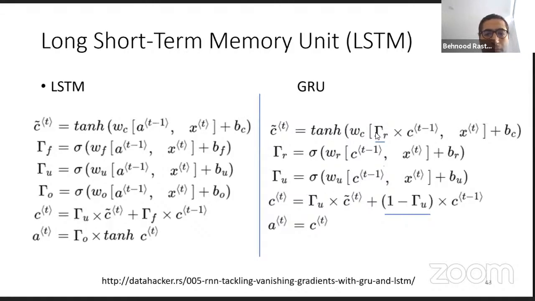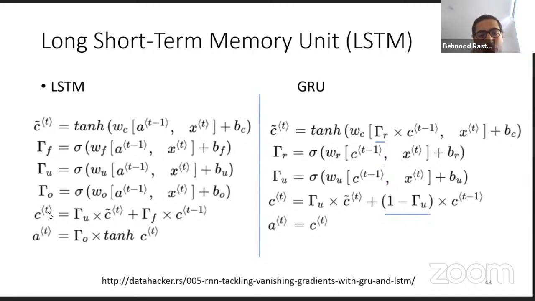Instead, what we have is called the forget gate, and we show it with gamma F. Simply, this forget gate provides the option to either keep or forget the previous value of CT to calculate the new value of CT.